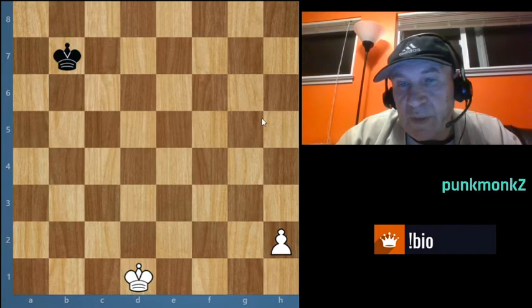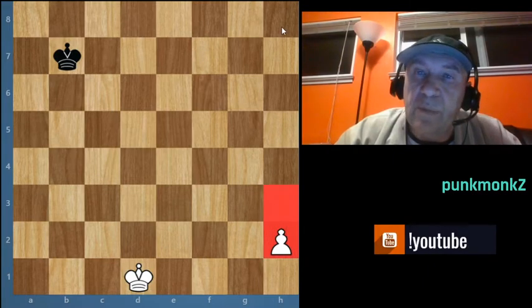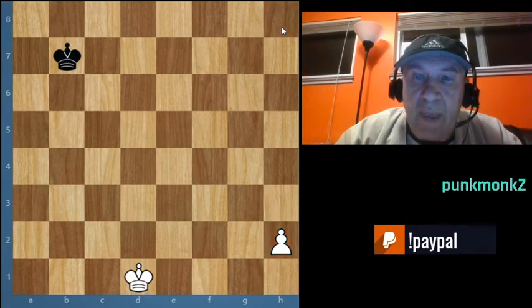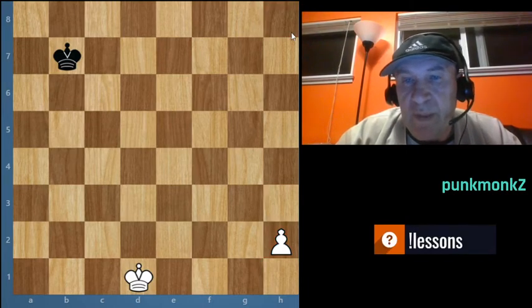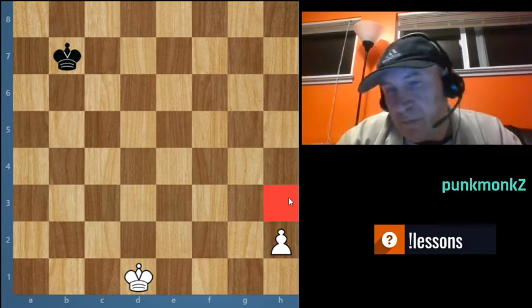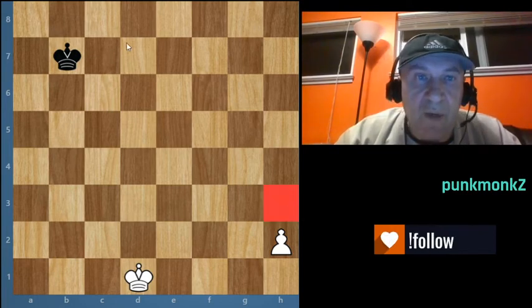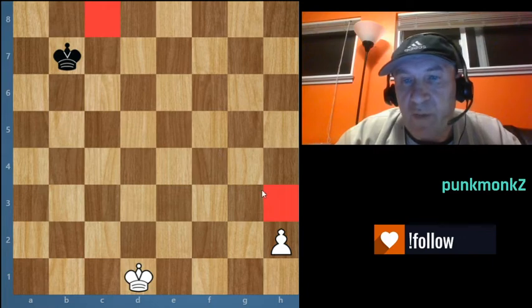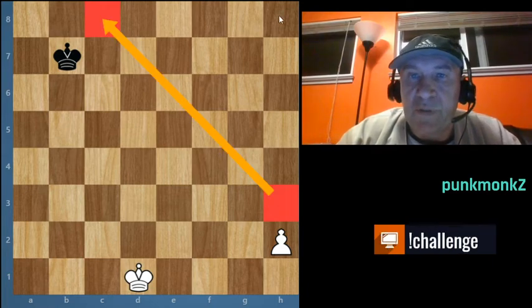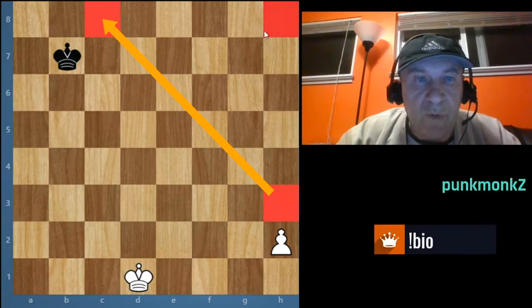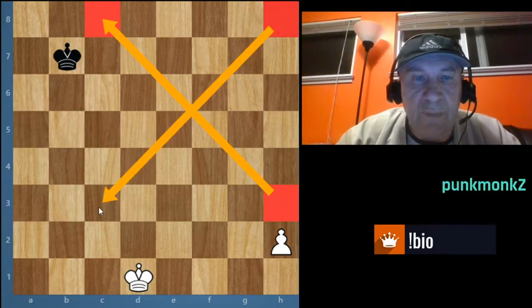So we notice that the H2 pawn and the H3 pawn can reach the promotion square in 5 moves. And since the king and pawn have to travel at the same rate of speed, the first corner is right here, H3. So the second corner, or the diagonal of the square, I should say, will be here. And this is the promotion square, and we move now toward the king, and this is the position.